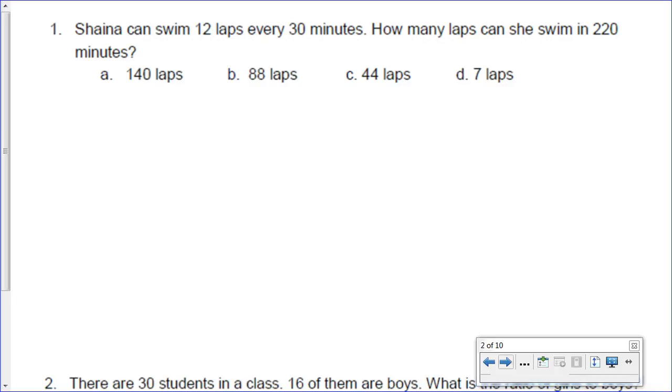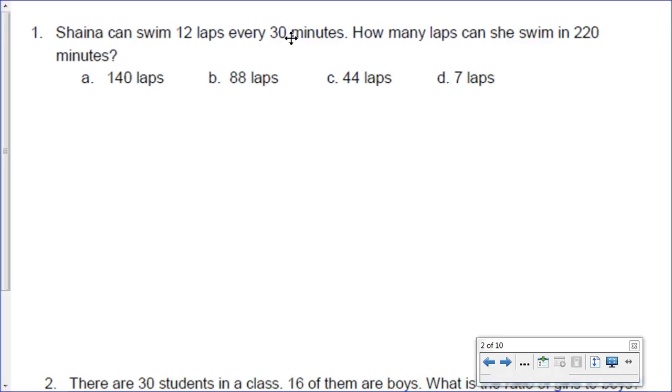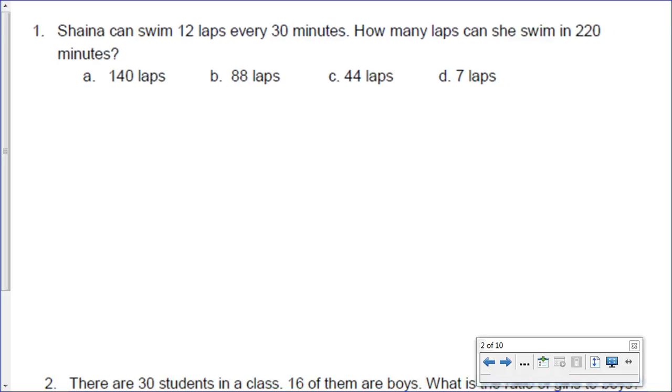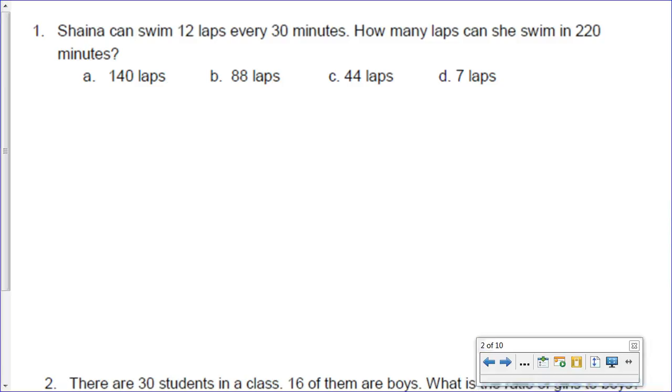Well, there are a certain number of 30-minute periods contained within 220 minutes. I think we can all sort of visualize that. We know within 220 minutes there are so many 30-minute sections of that, right?